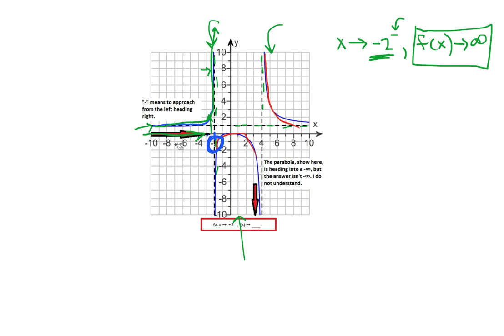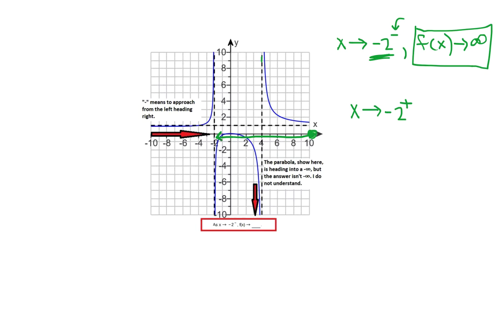Now I'm going to erase some things here, and I want to explain why your answer of negative infinity was wrong. So say we were asked to find what f of x approaches if we have x going to -2 from the right. So that means we're going to go over here and then start moving all the way to the right to -2.